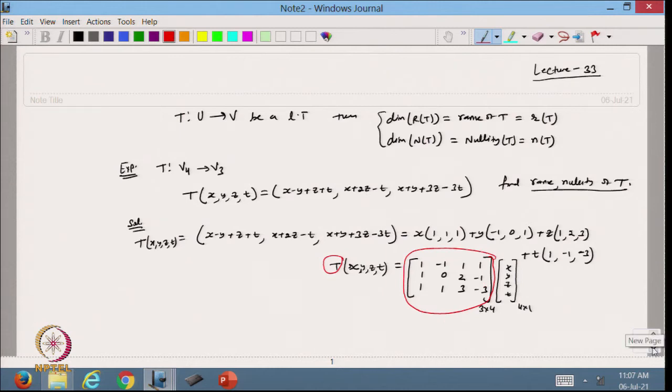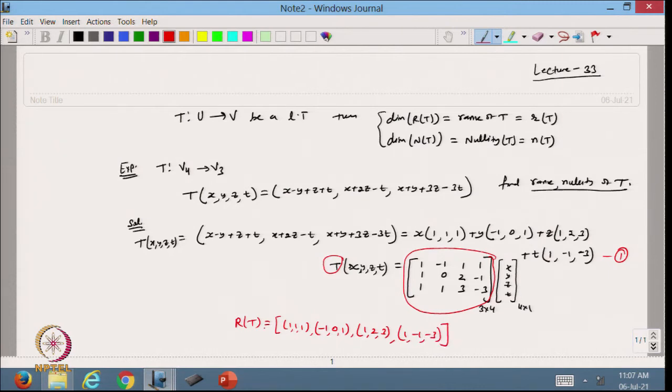So, this is my equation number 1. Now, from here I can say that my R(T), the range space, is spanned by these vectors, (1, 1, 1), (-1, 0, 1), (1, 2, 3) and (1, -1, -3).